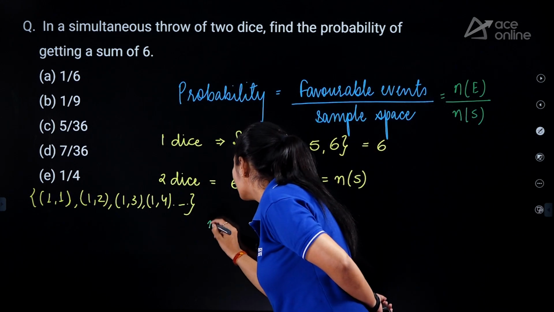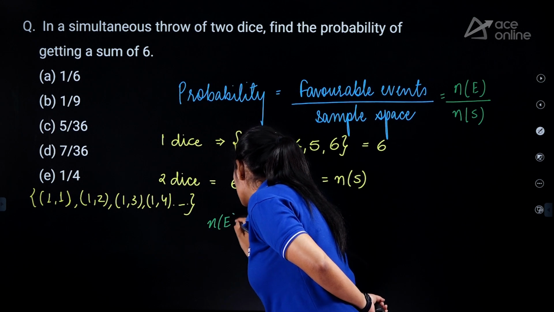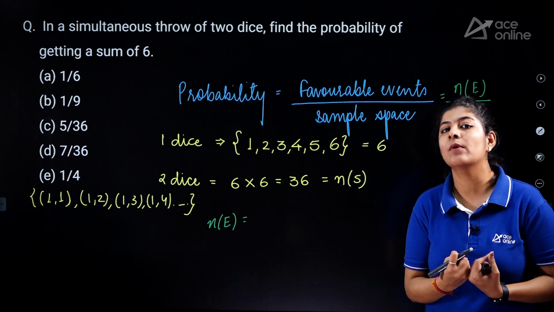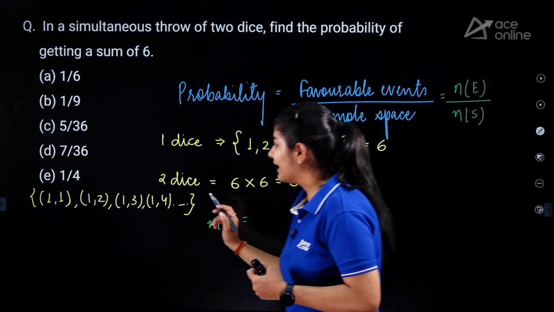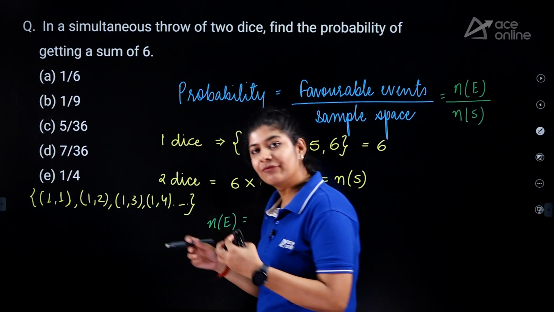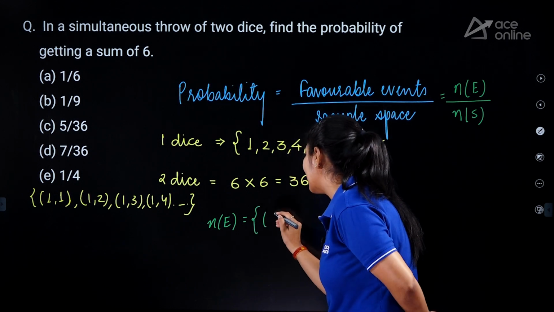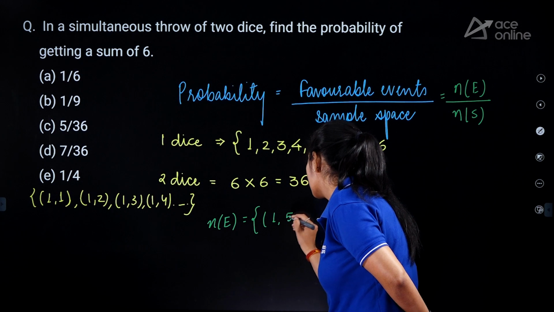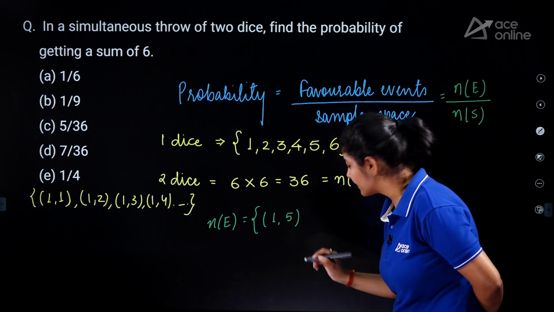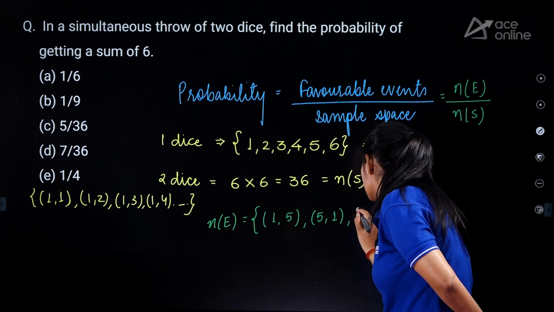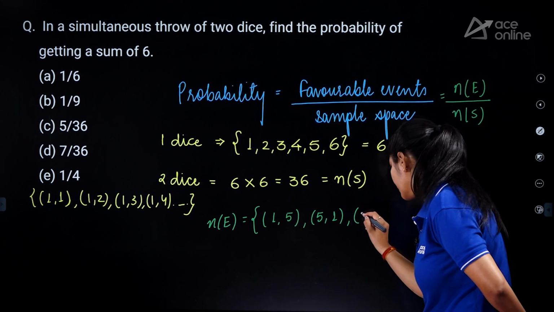Now, I have to write NE. So NE is nothing but what I need, the sum of 6. When I add these two numbers, I have to find the sum equal to 6. So the favorable events that we are having are 1, 5. We are having sum equal to 6. After that, we are having 5, 1. After that, we are having 2, 4.